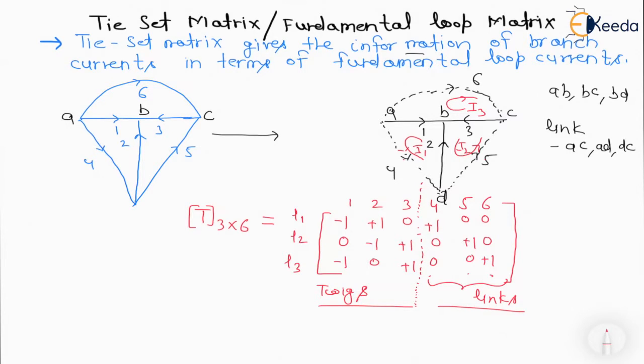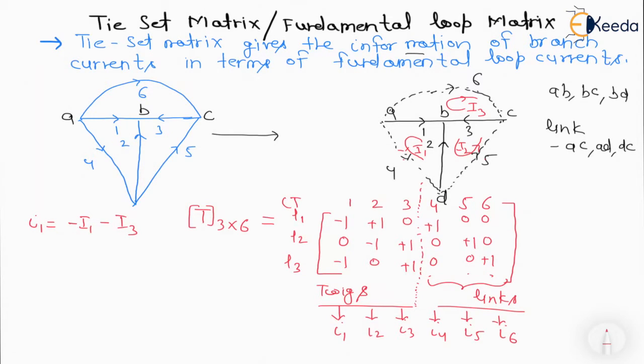So if we assume the first branch current is I1, second branch current is I2, third is I3, fourth is I4, fifth is I5, and sixth is I6, then we can write I1 is equal to minus of I1 minus of I3.